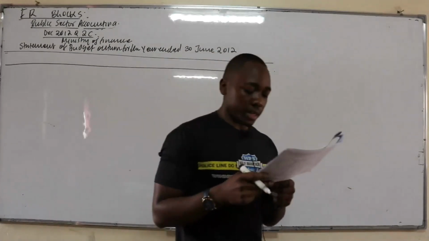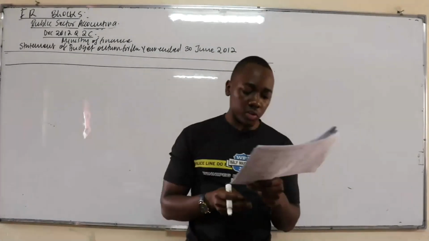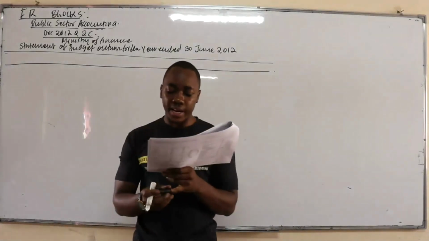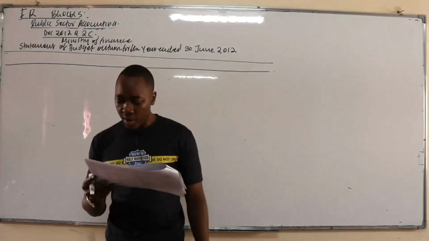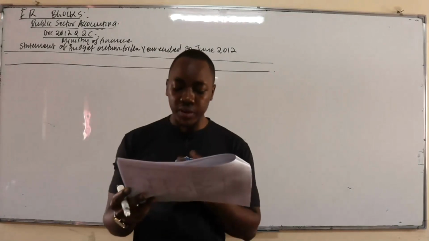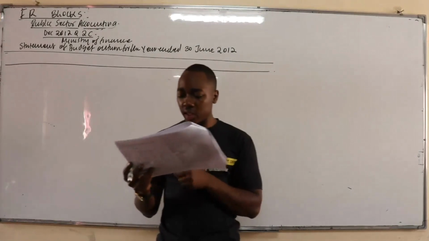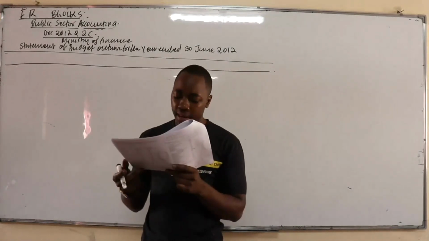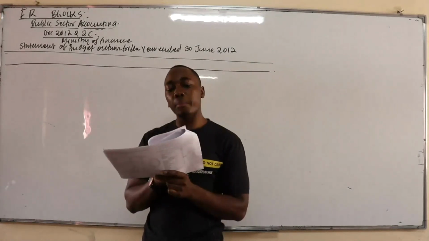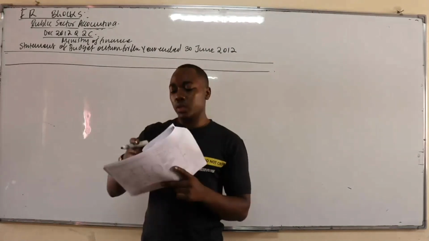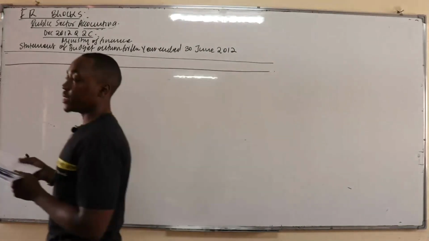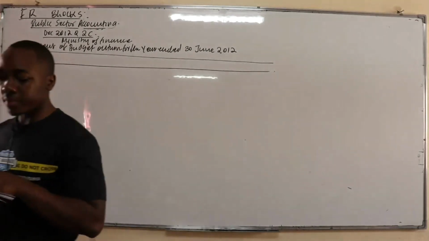So part C, I told that the following information was compiled by the Ministry of Finance for the fiscal year ended 30th June 2012. So you are given the budgets, also you are given the actuals for both the receipts and the payments. So let's go to the required.